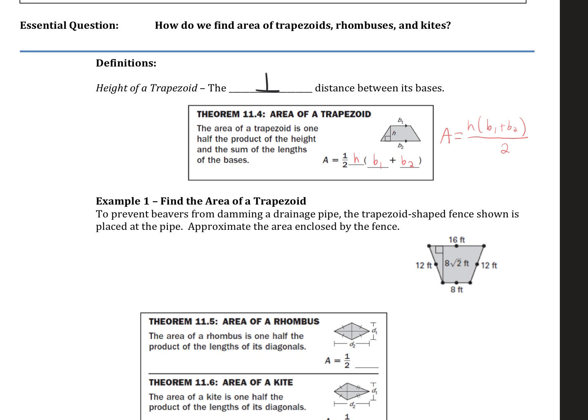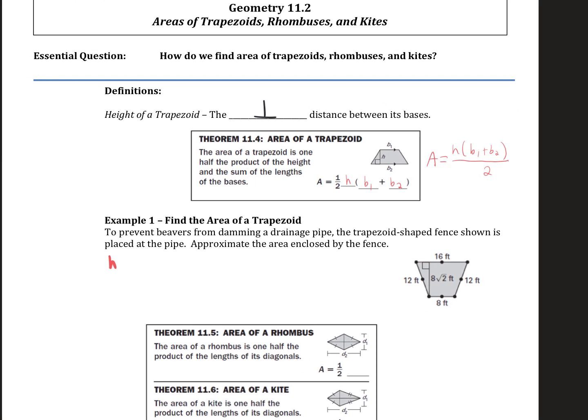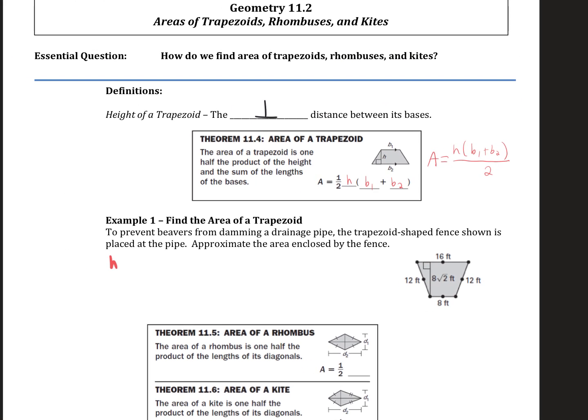All right, so we're looking for the area of a trapezoid. To prevent beavers from damming a drainage pipe, the trapezoid-shaped fence shown is placed at the pipe. It says approximate the area enclosed by the fence. By the way, the bases of a trapezoid are the parallel sides.